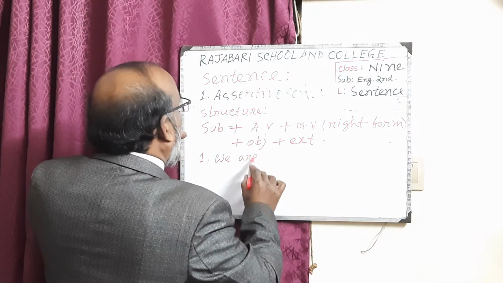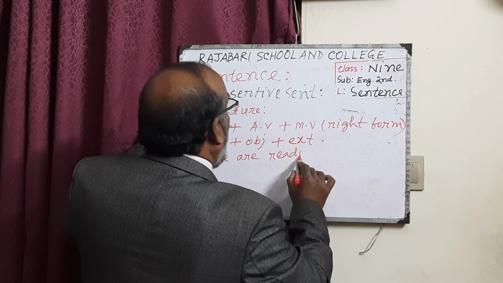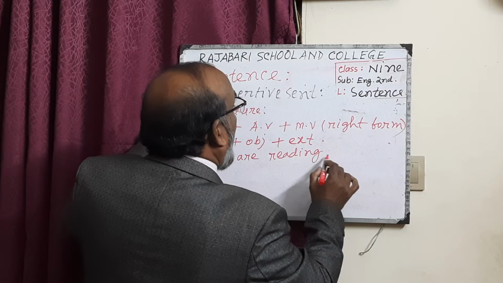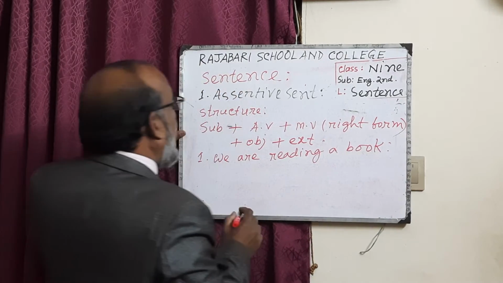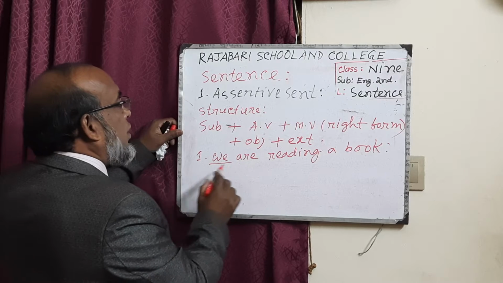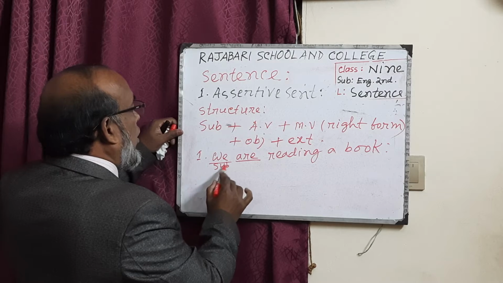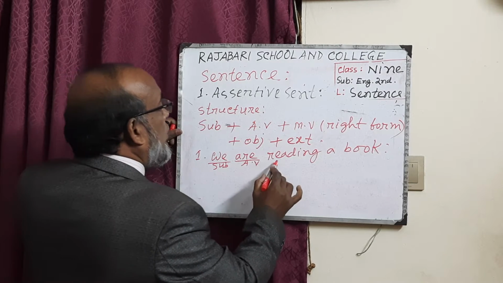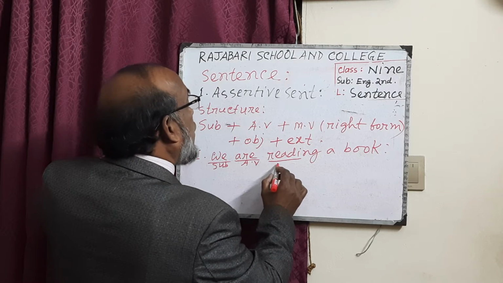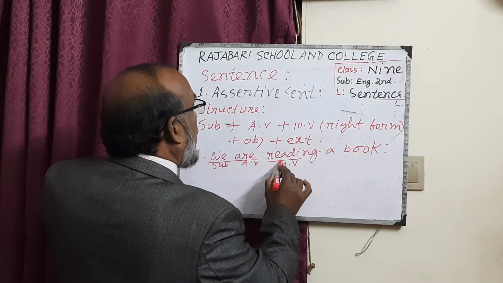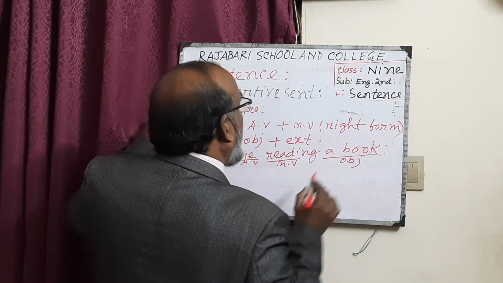For example, we are reading a book. Here, we is subject and are is auxiliary verb, reading is main verb, and a book is object.